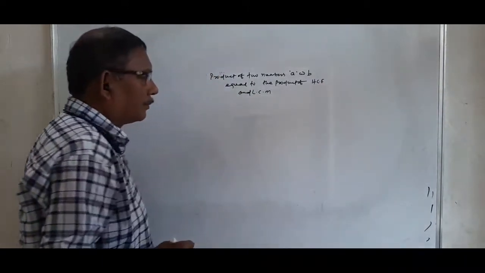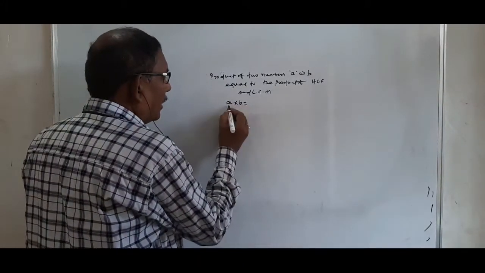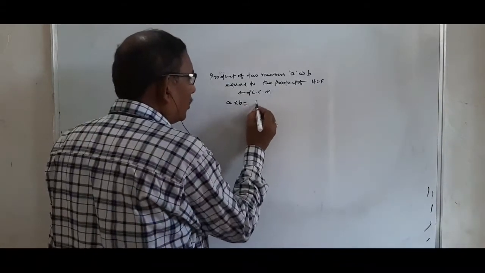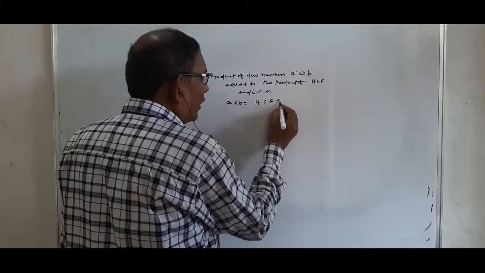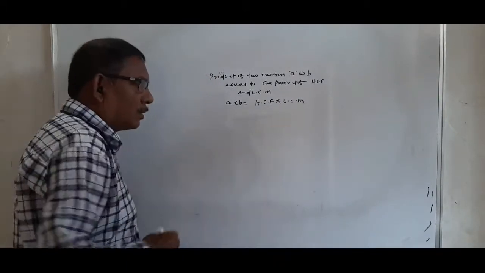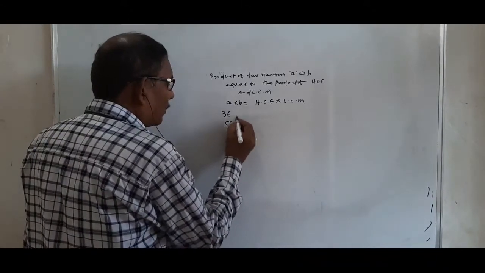Okay. So here A and B are two positive integers, and A times B is equal to HCF into LCM.